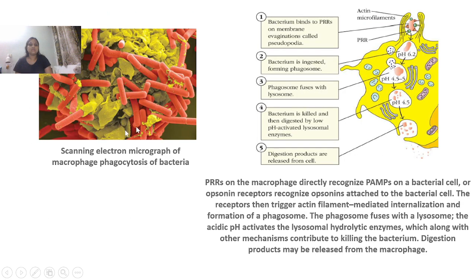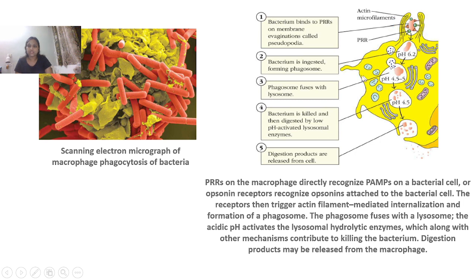You can see this yellow is the macrophage, and this red is the bacteria. So it is surrounding the bacteria, and it will internalize and eat up the bacteria. Here is the process of how this phagocytosis takes place. There are certain structures, invaginations, which we call pseudopodia.